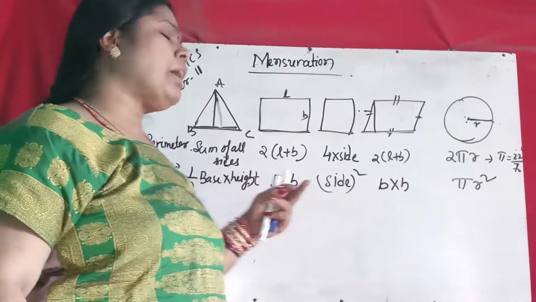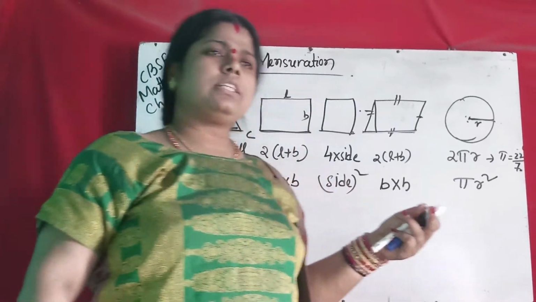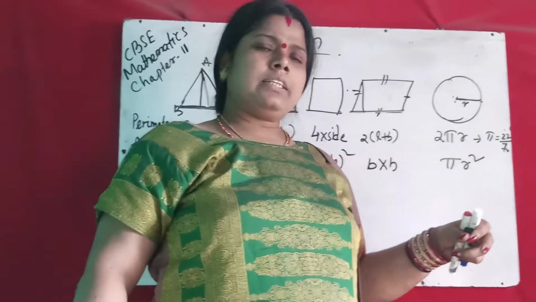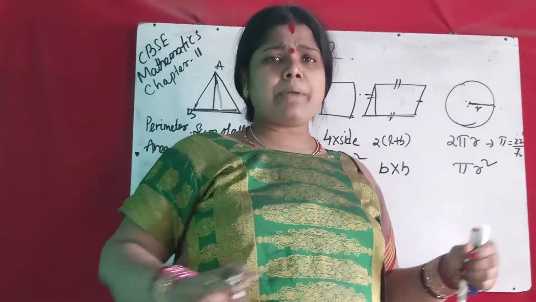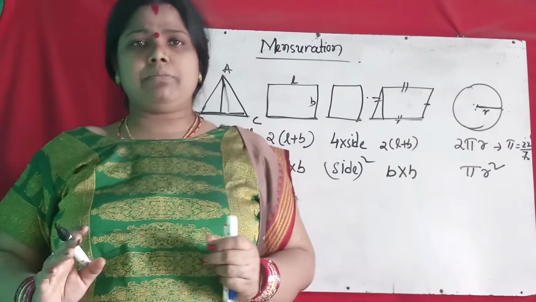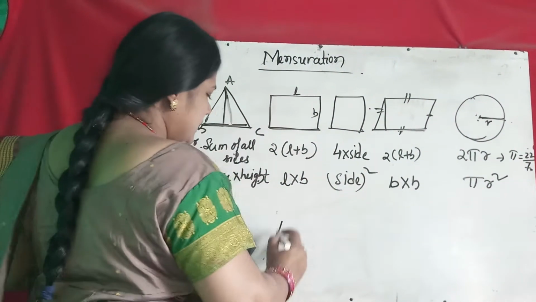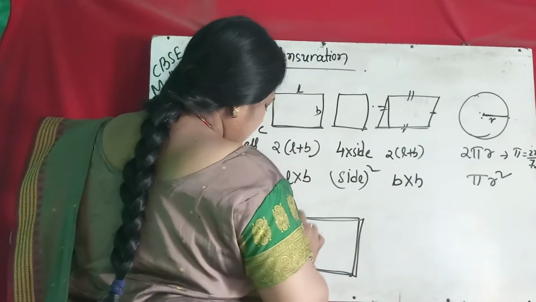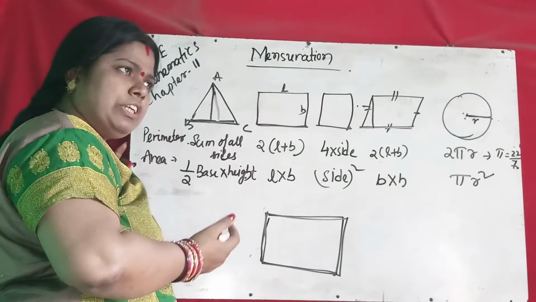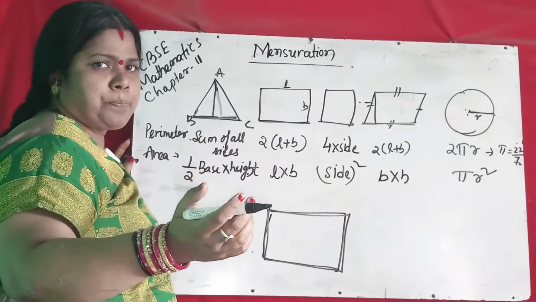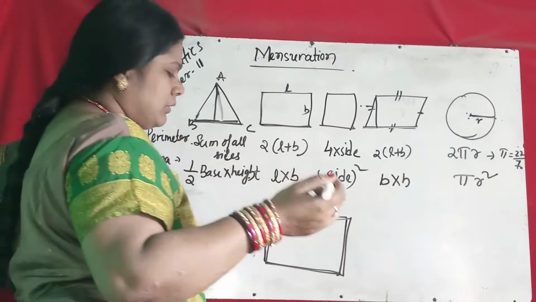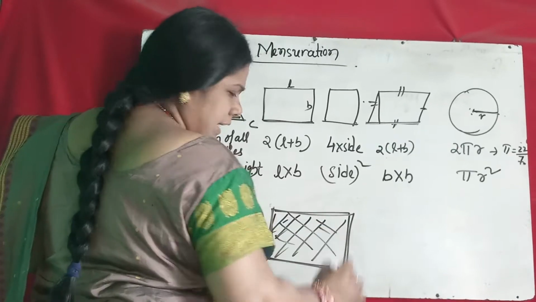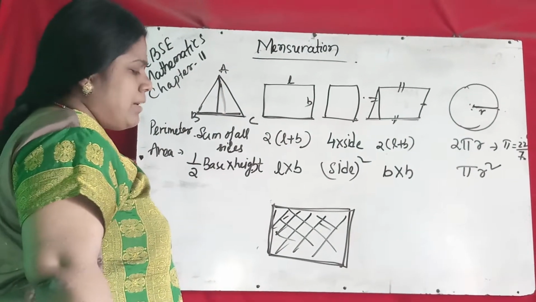You may be asked questions related to the boundary, like the fencing of a garden or fencing of a field, or wires needed to frame a picture. All this is related to perimeter. Fencing means all sides. So you have to look at which type of figure it is and find the perimeter. If it is mopping or planting, that means it is related to area, the region inside the perimeter.